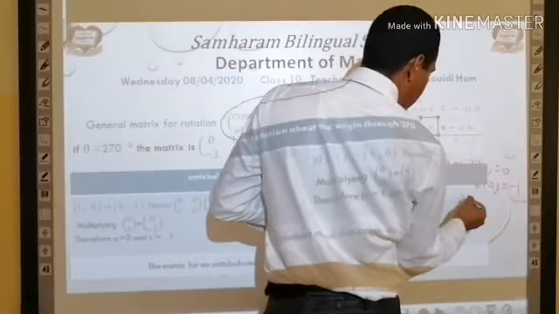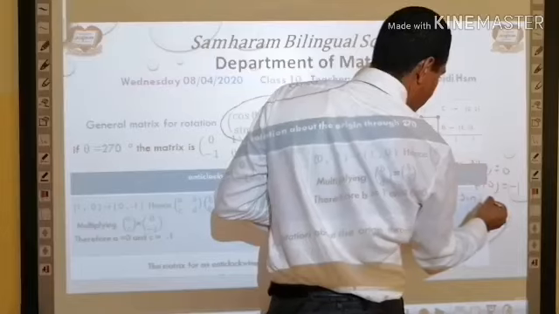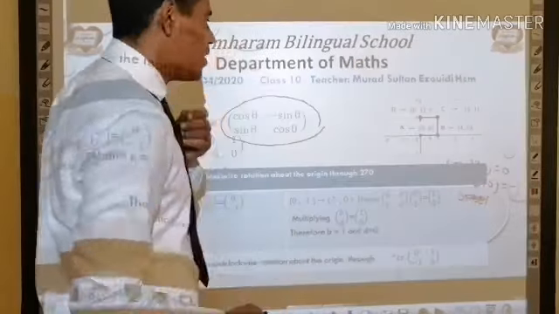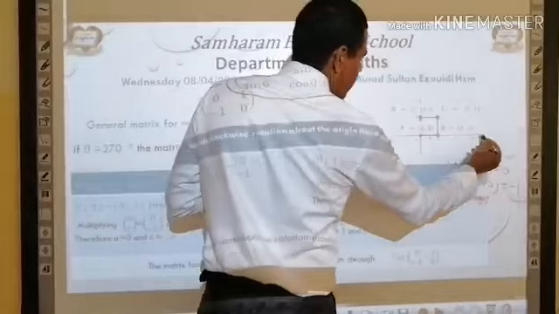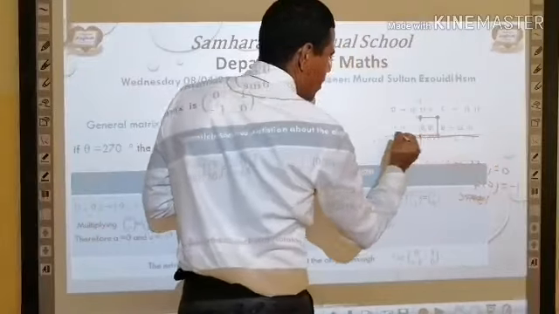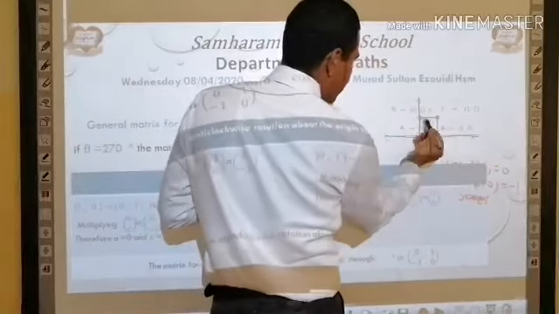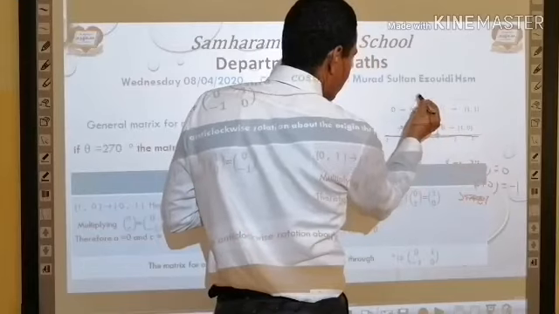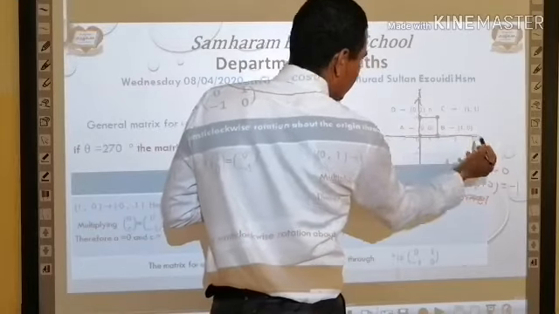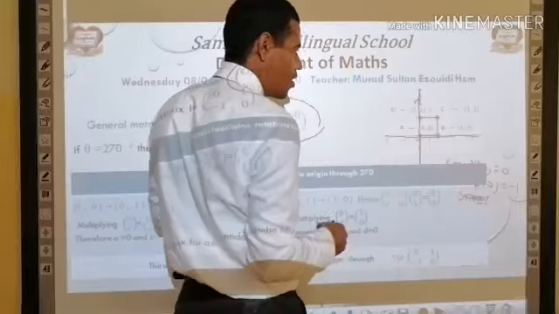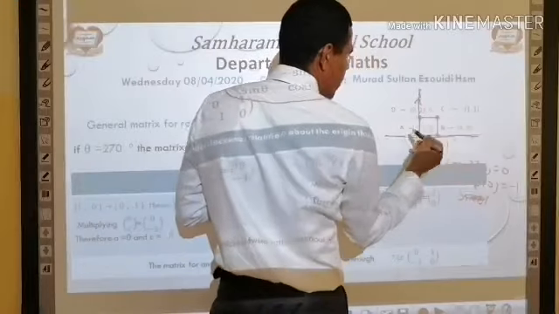Look, this is the x-axis, this is the y-axis. This is 90 degrees, so sine of 90 degrees is 1. I will suppose this is the unit circle.